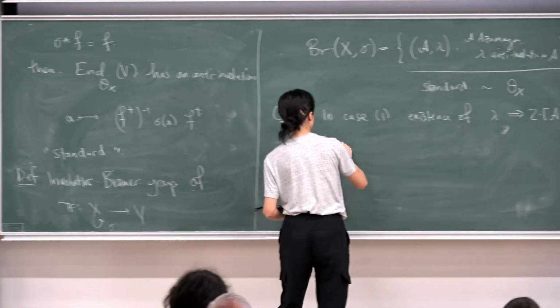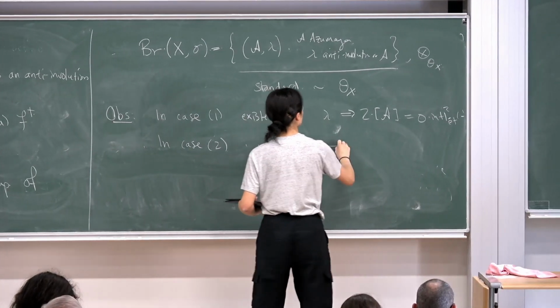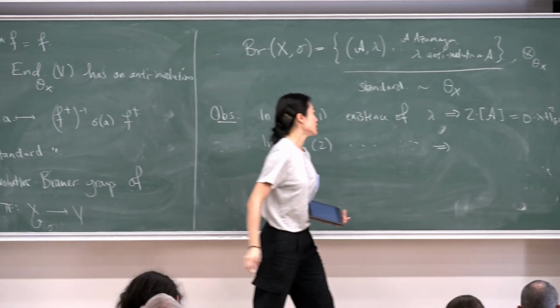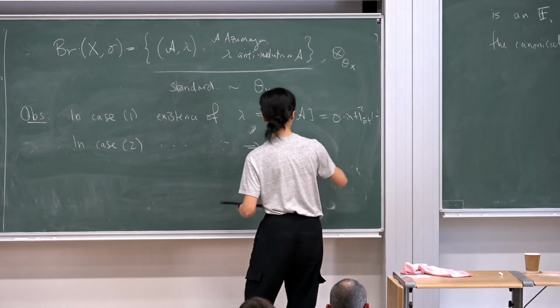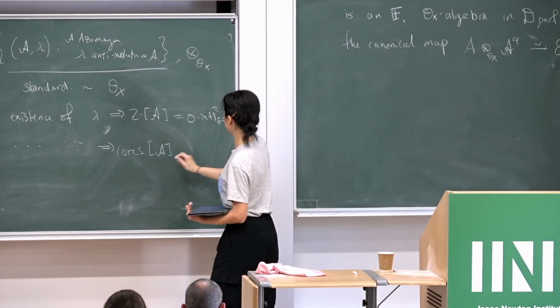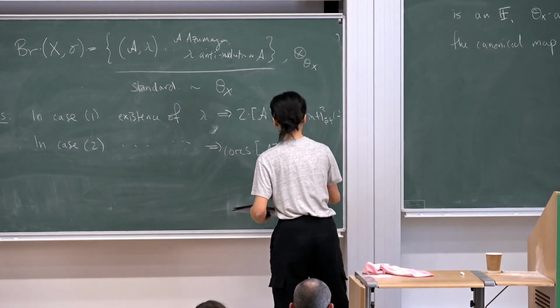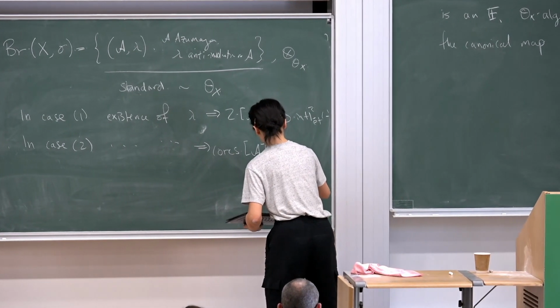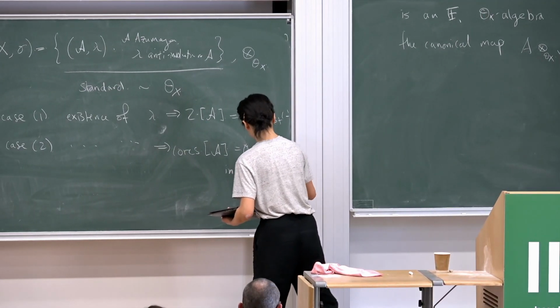On the other hand, in special case number 2, the existence of lambda implies that the co-restriction of the Brauer class of A is 0. And this is going to live in H2 étale of Y, with two coefficients.